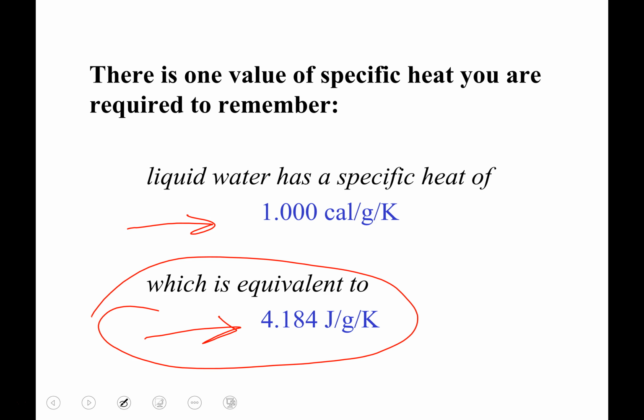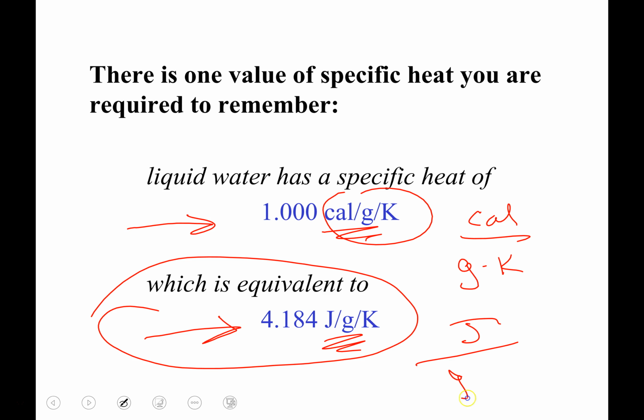I'm somewhat apologetic because we're really into units here, but you're going to have to think of this as calories per gram Kelvin, and this one is joules per gram Kelvin. So don't let those slashes mess you up.